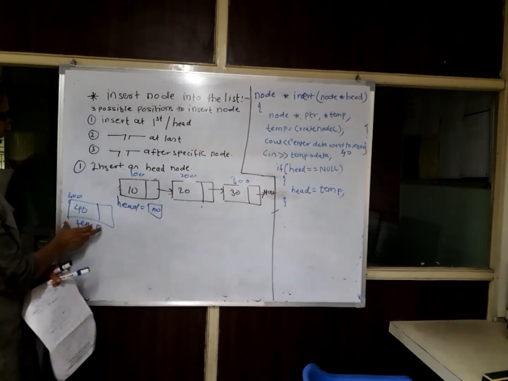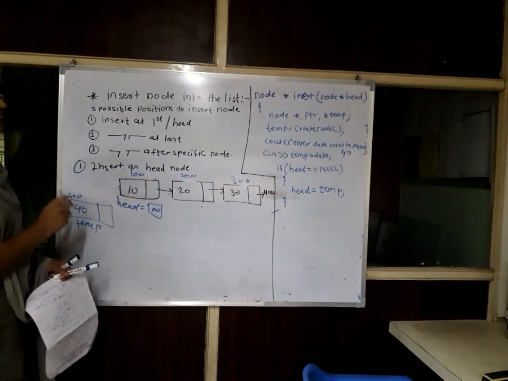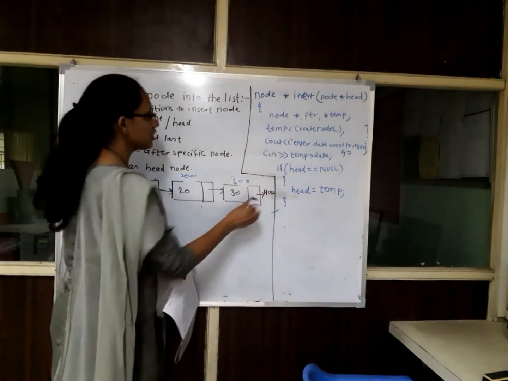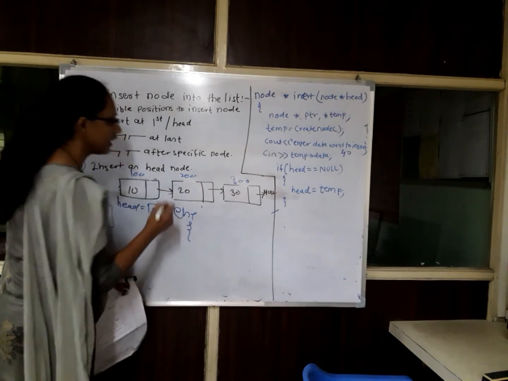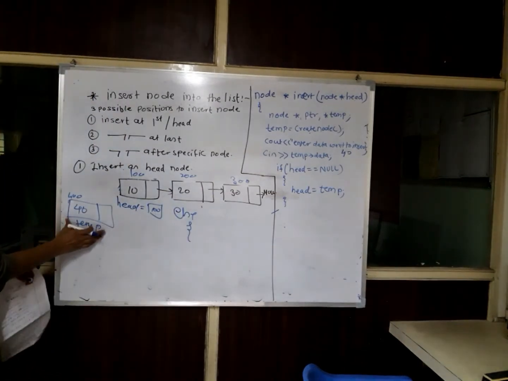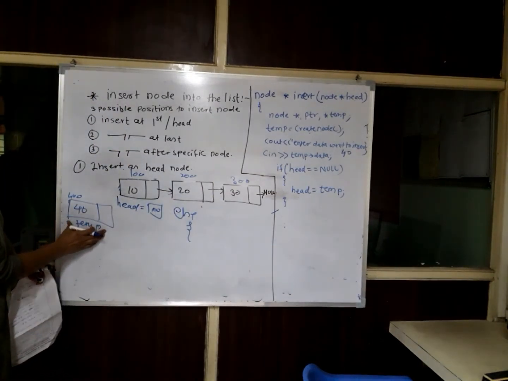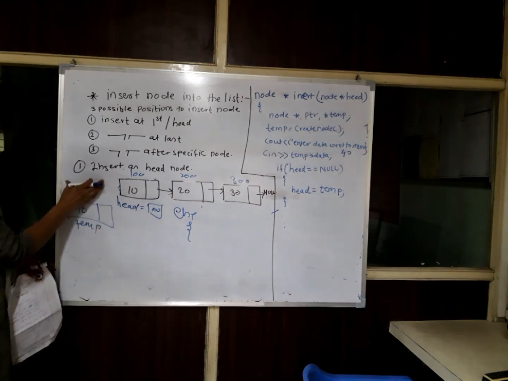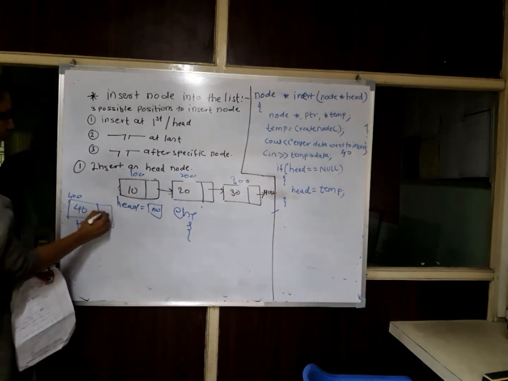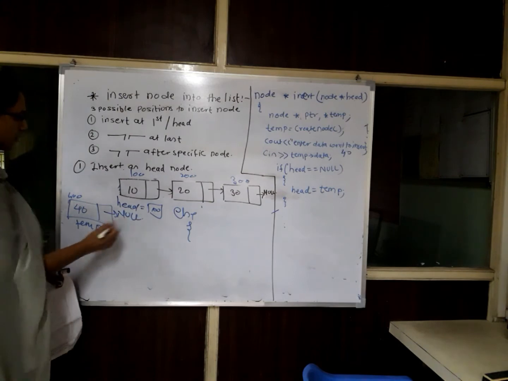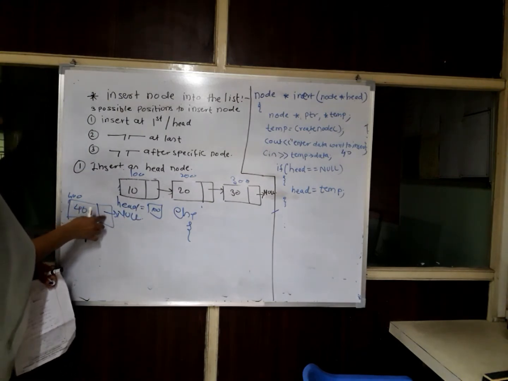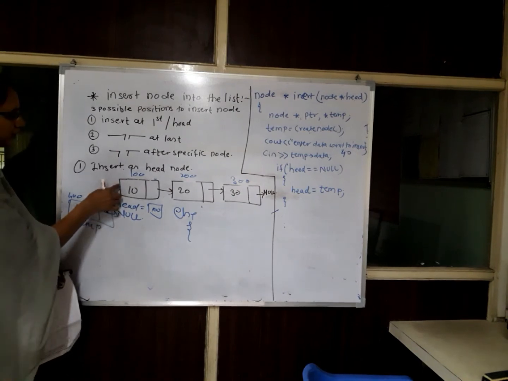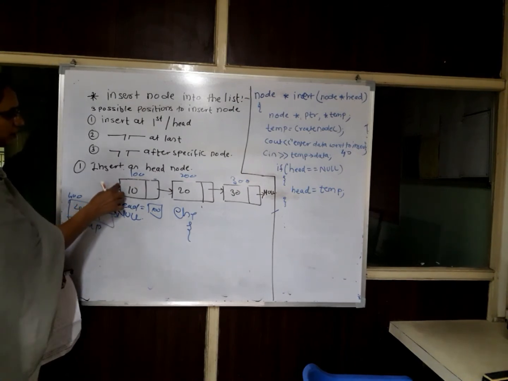Now we can insert this node at the beginning. If this condition is not true, then we go into the else part, that is, our head is not null, and we insert this node at the first. For that, we need to make the temp next point to here, to the first node.